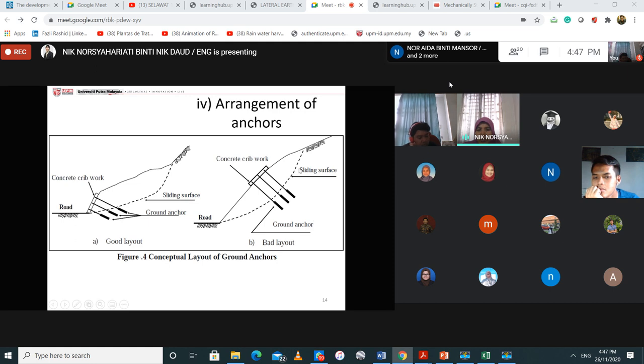Compared to the B figure ni, bad layout here, which is if you put it here, I mean to say that if there's a small or mini sliding occurs, there might be swept away your anchors too, walaupun your ground anchor ni still attached to the bedrock. Okay, so this is a comparison and they call it a conceptual layout.